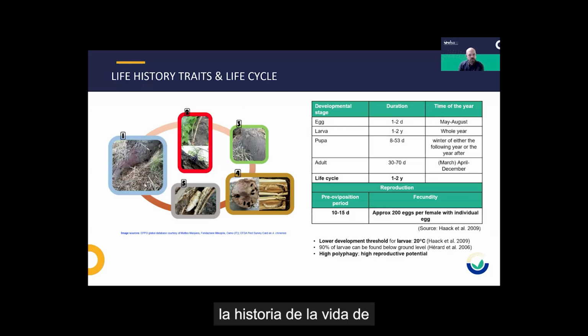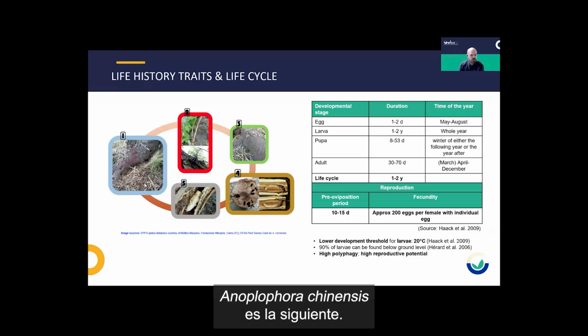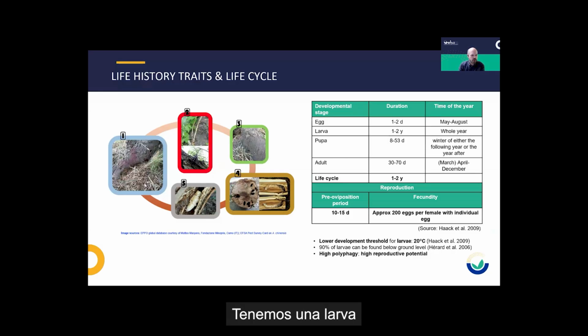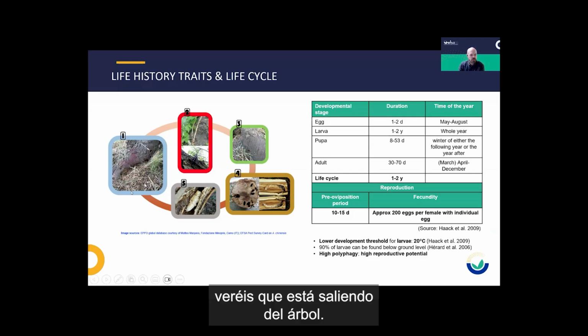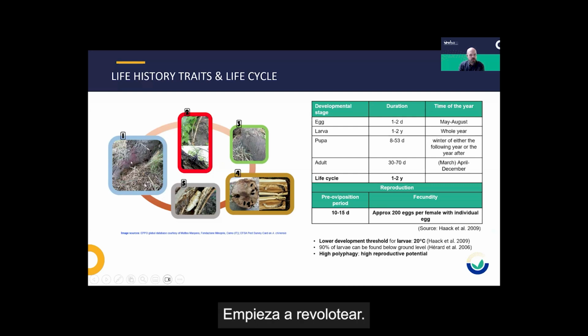So the life history of Anoplophora chinensis is as follows. We have a larva developing in the tree. The adult comes out of the tree and starts to fly around, looking for a mate of the other sex to mate and then lay its eggs in the tree.